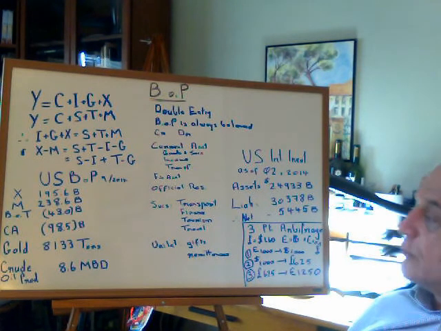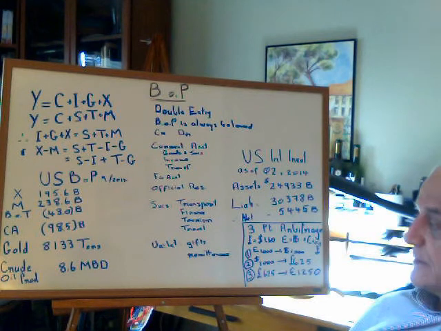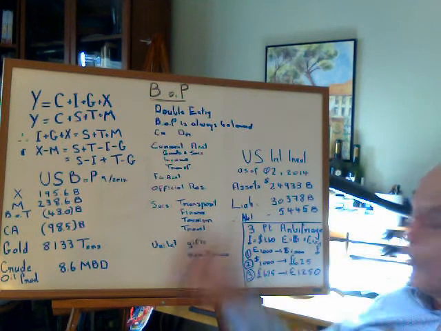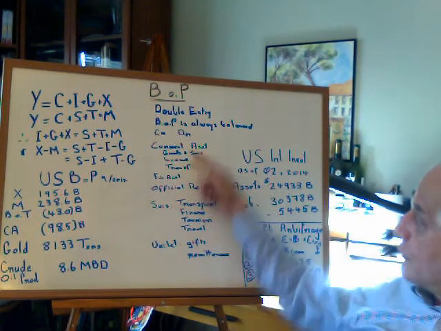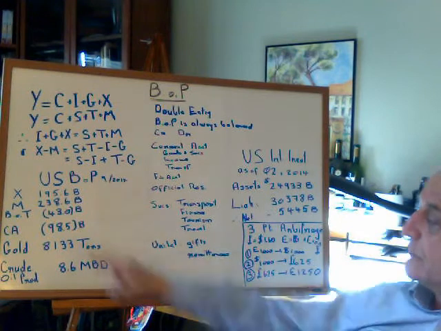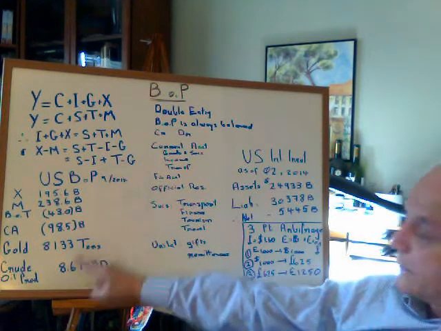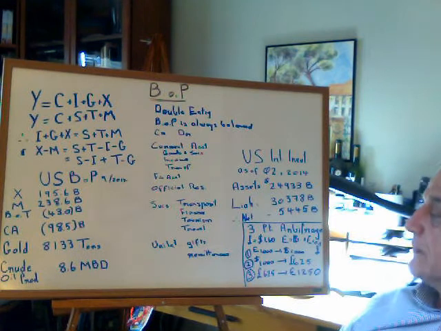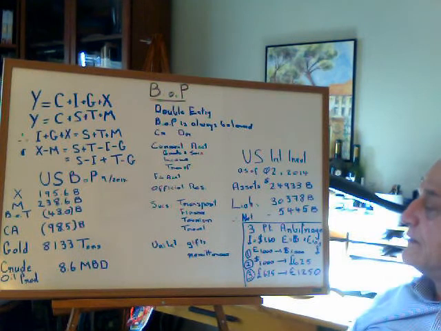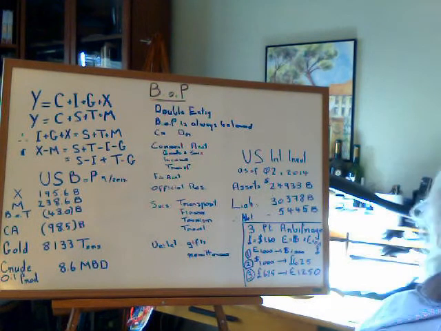Now these are only goods and services. But once you account for all the other components of the current account, we found out that last month our current account had a deficit of $98.5 billion.